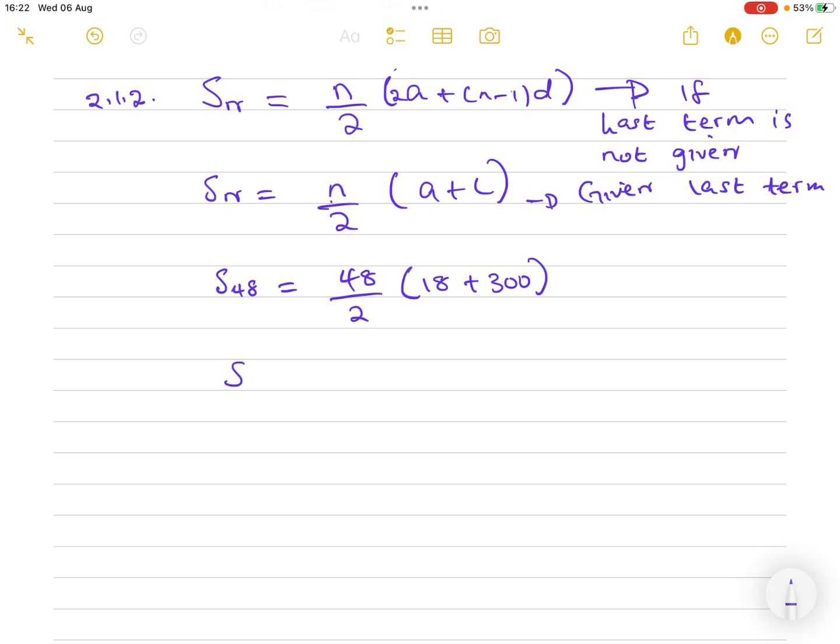So our summation of 48 terms will be, when you say 48 divided by 2, you get 24, and then you open the bracket, you have 318. Use your calculator: S48 is equal to 7,632.